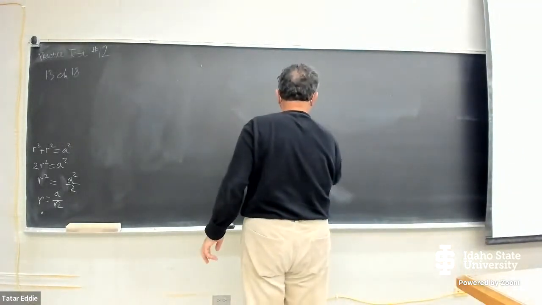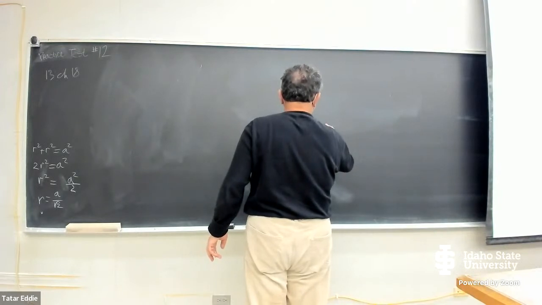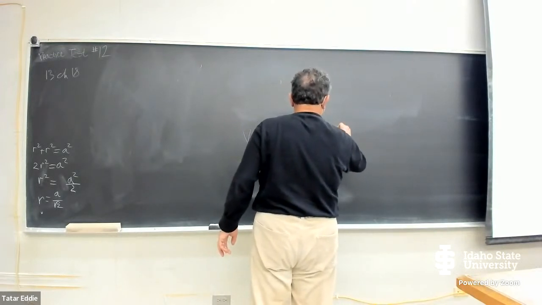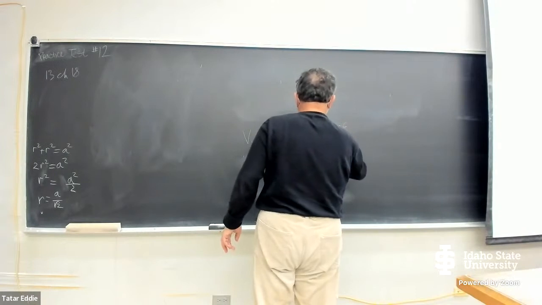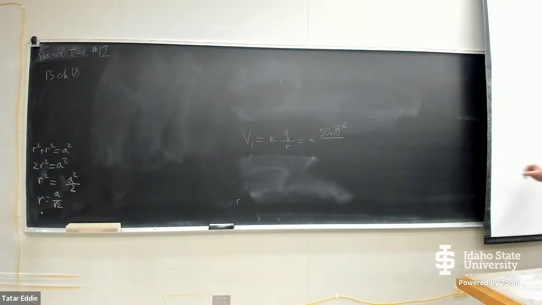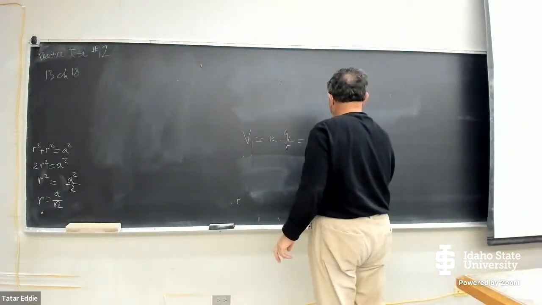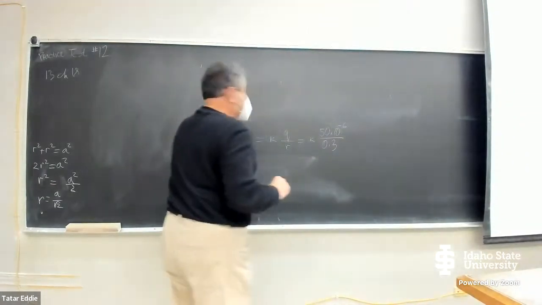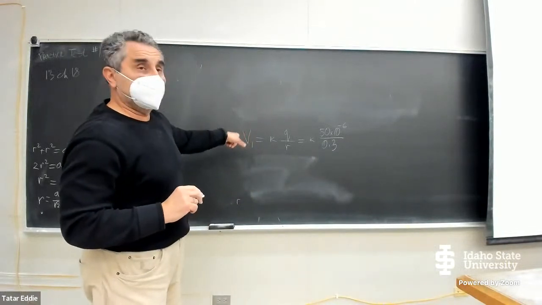So this is equal to K times 50 times 10 to the negative 6 divided by the distance between the source and the point of interest, which is 0.3 meters. So this is the voltage created by the red one.